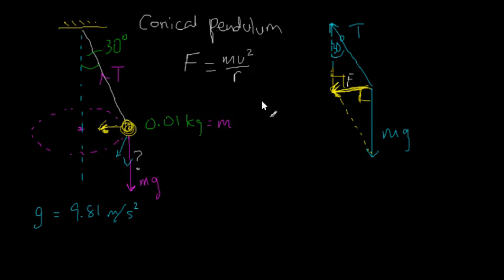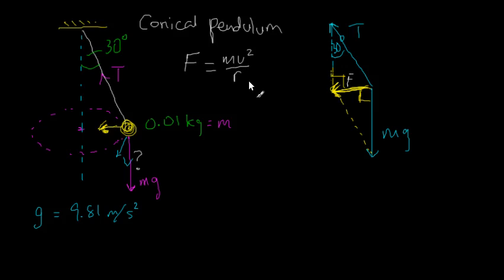So if we know the radius of the circle, the mass, and the force, we should be able to find the v.